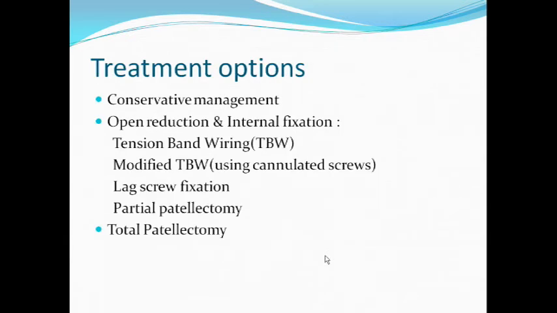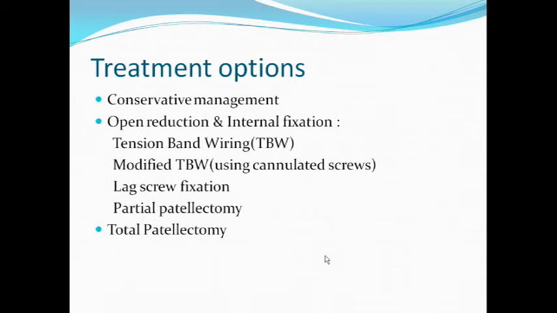And now coming to what treatment options are available. There are two types of approaches. One, you can go for conservative management. Second, you can go for open reduction and internal fixation. In open reduction and internal fixation there are various methods.